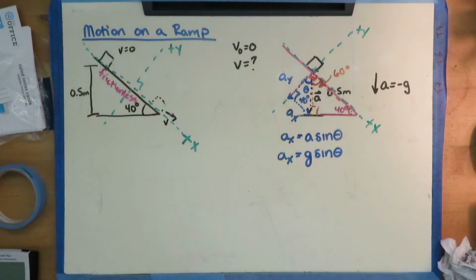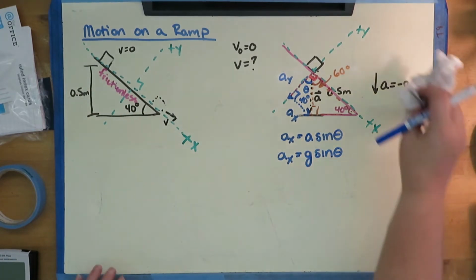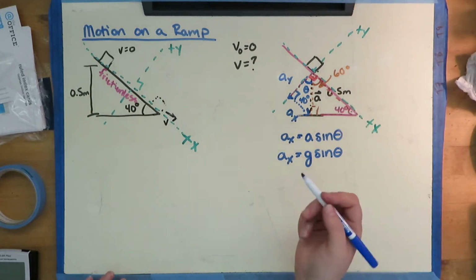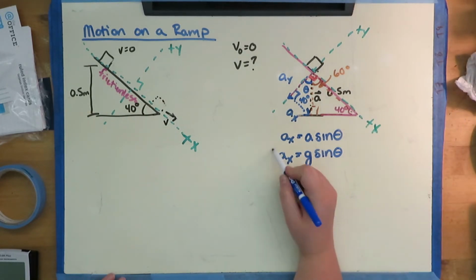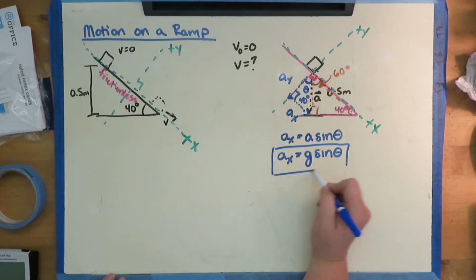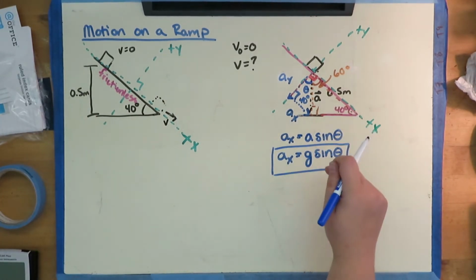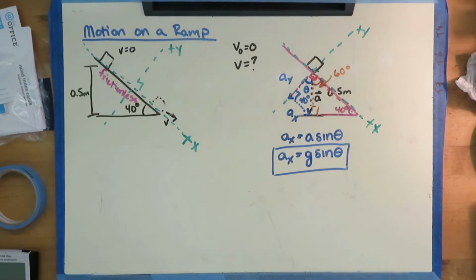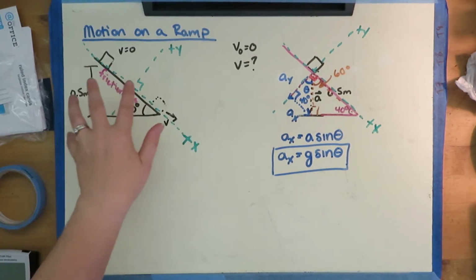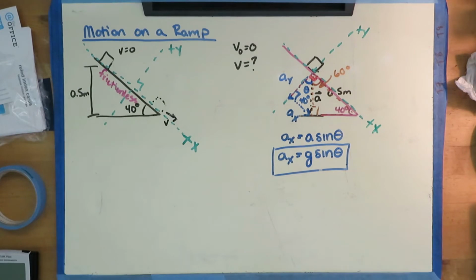So my acceleration along the ramp has a magnitude equal to g sine theta, as long as it's frictionless. So if I know the angle of the ramp, I know the acceleration on this frictionless ramp. Once again, if there's friction, it'll be smaller than this value, and we'll be able to see that next unit when we start learning about forces.